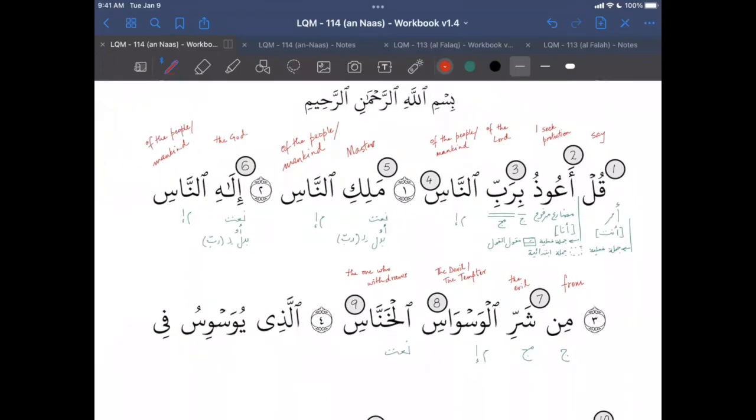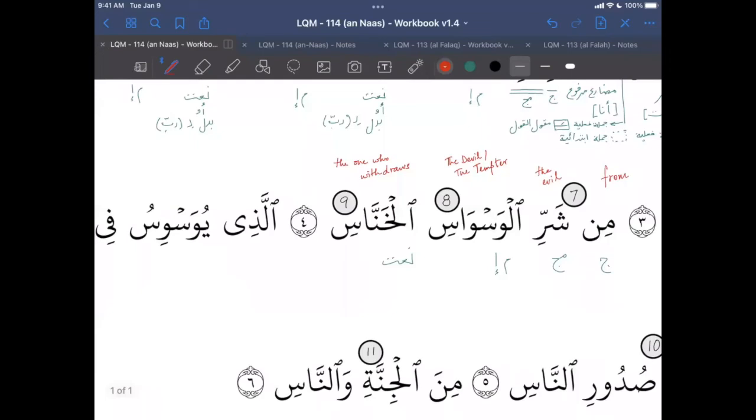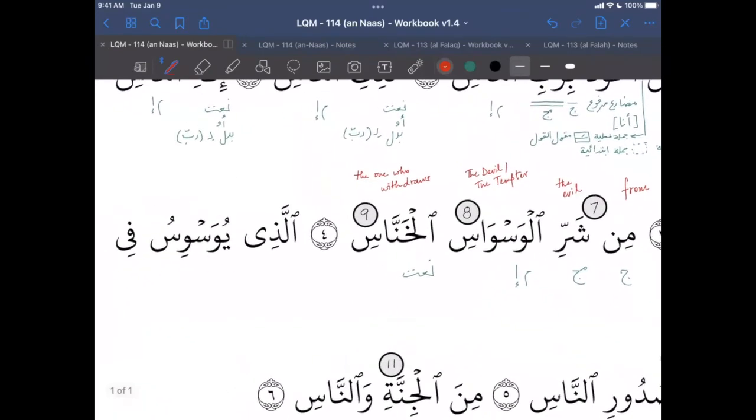Next, ayah number 5, Allazi yuwaswisu fi sudurin nas. Allazi is a naat li al waswas.